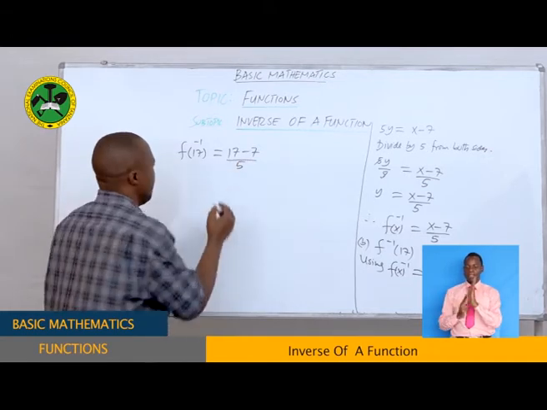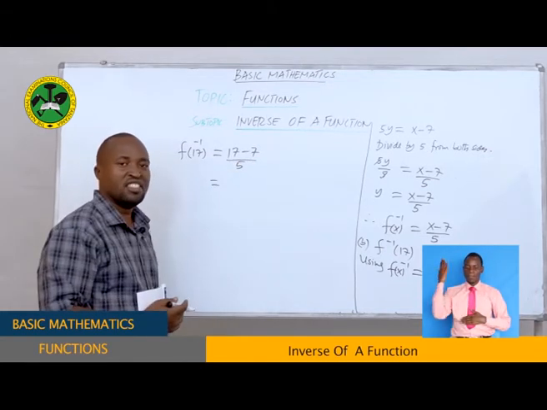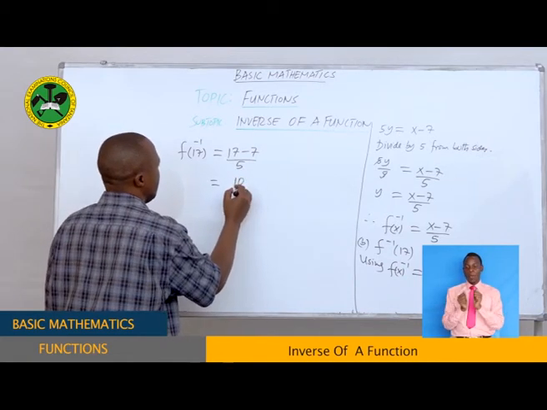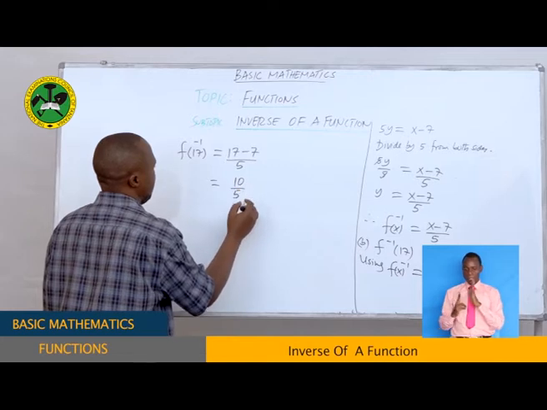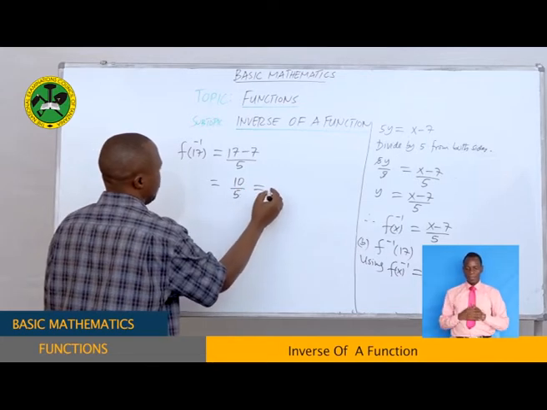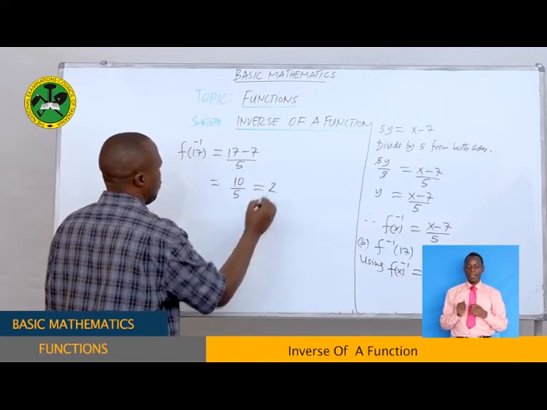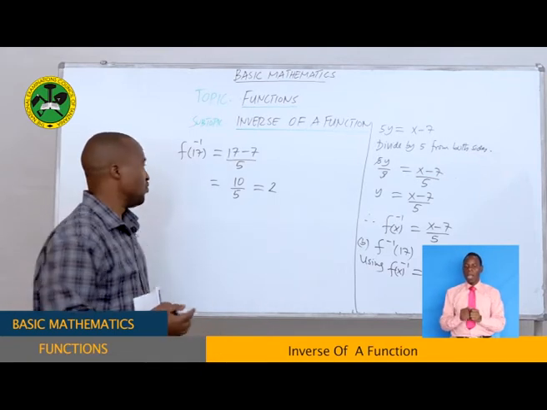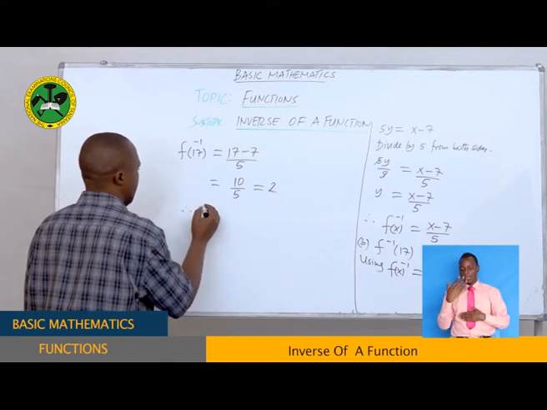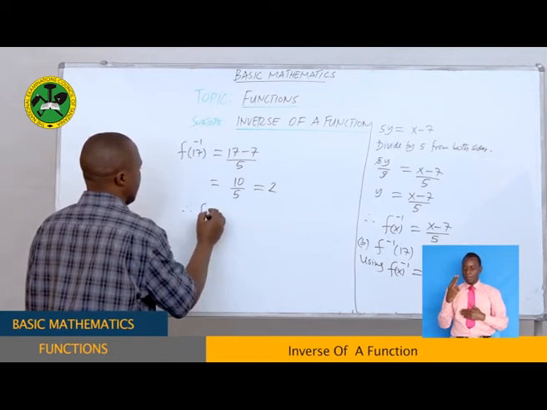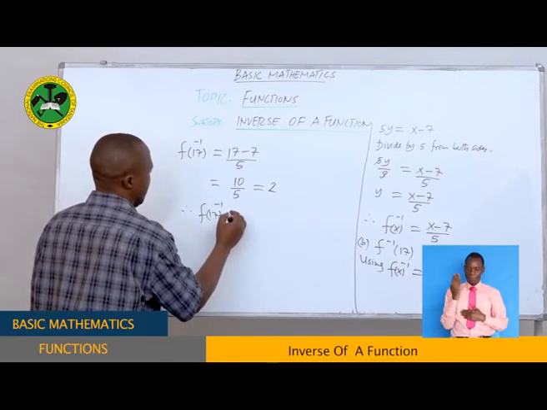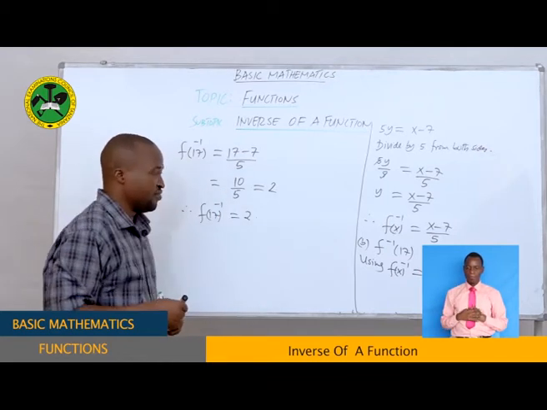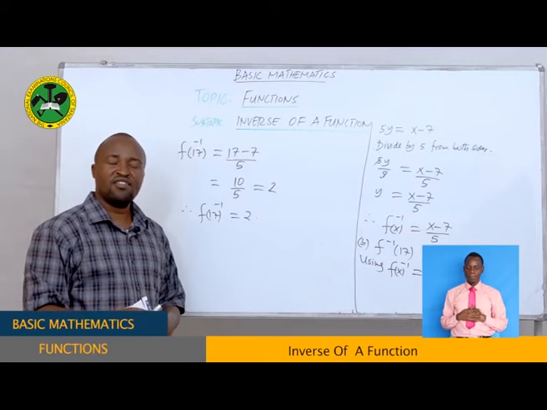In this case, take 17 minus 7, so this one is equal to 10, then over 5. So the answer is equal to 2. That's 10 divided by 5. The answer is 2. Therefore, f inverse of 17 is equal to 2. That was the first question.